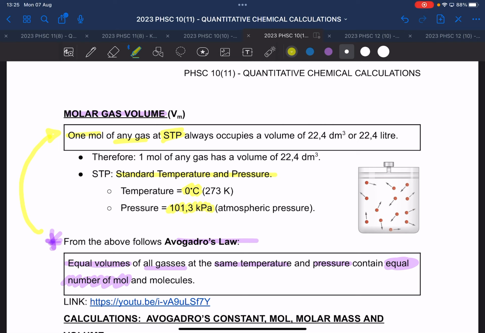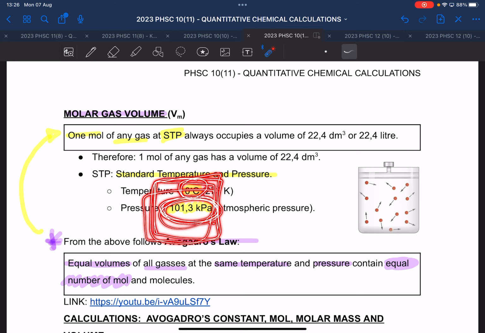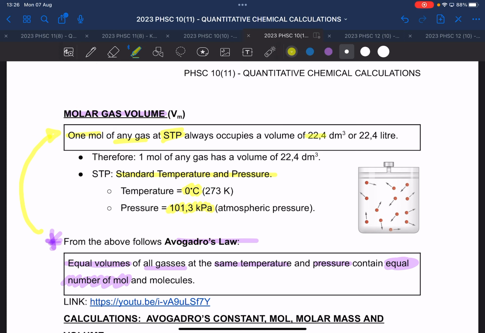So standard temperature is 0 degrees Celsius and standard pressure is 101.3 kilopascal. If we are there at those conditions and we have 1 mole, so 6,02 times 10 to the power 23 particles, then those particles will take up a space of 22.4 decimeters cubed or 22.4 liters. Okay, and that 22.4 liters we call the molar gas volume. VM, molar gas volume, is 22.4 liters.